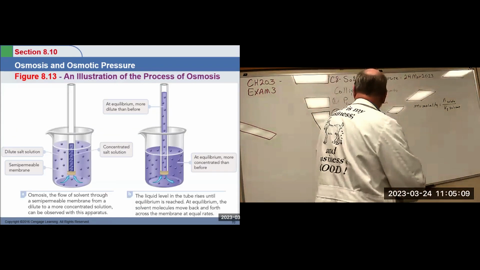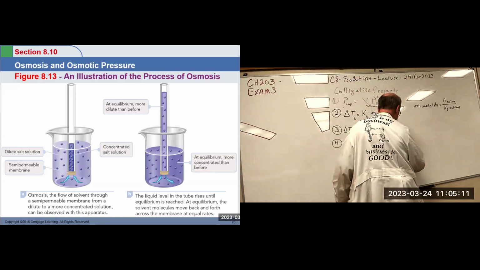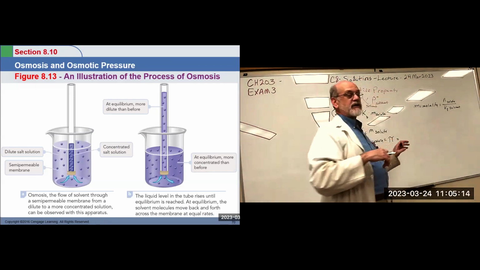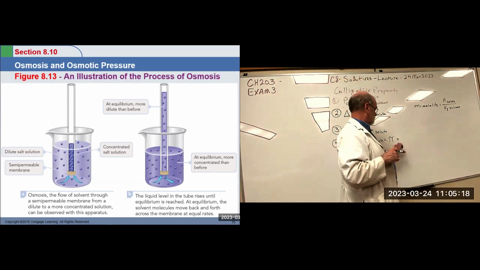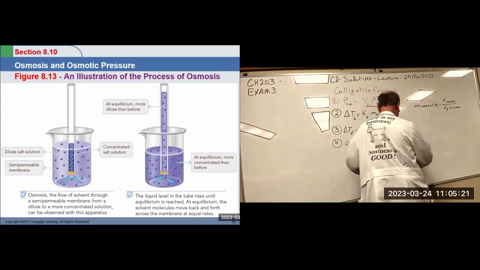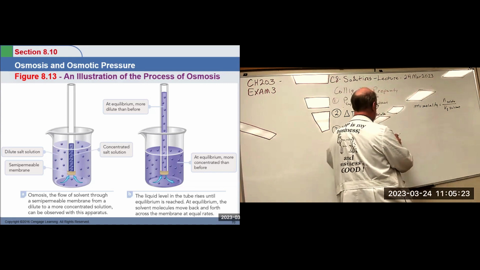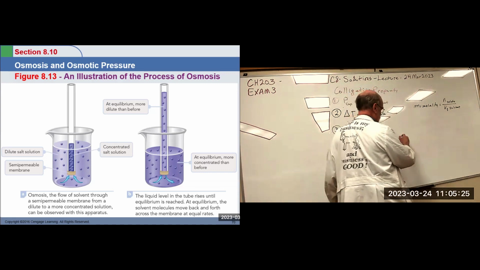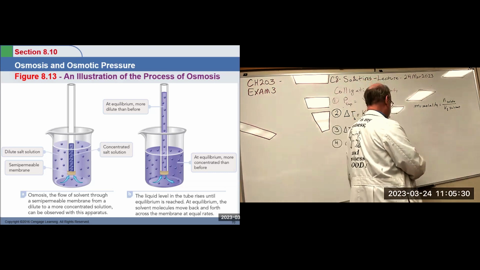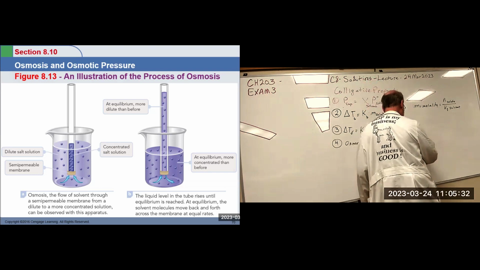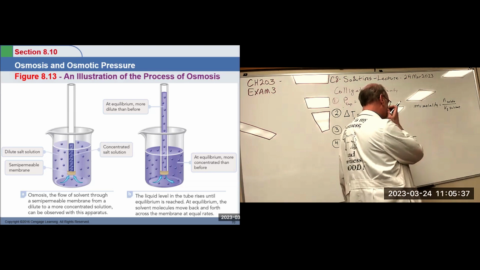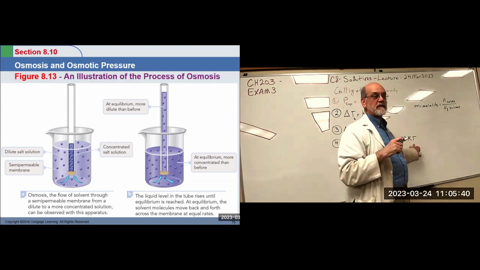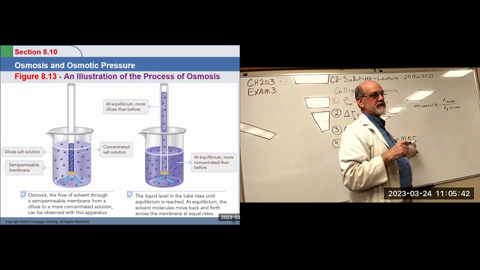The formula for osmotic pressure is equal to, in this case, we can use molarity because the volume is not an issue for osmotic pressure. So we use molarity times the gas constant times temperature. And temperature would have to be in Kelvin because the gas constant has Kelvin in it.